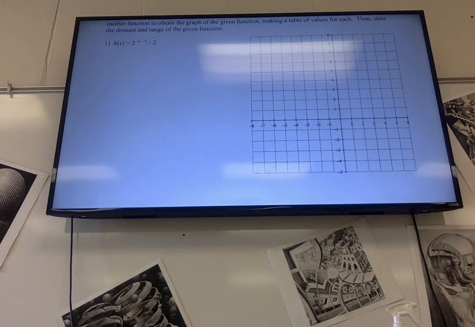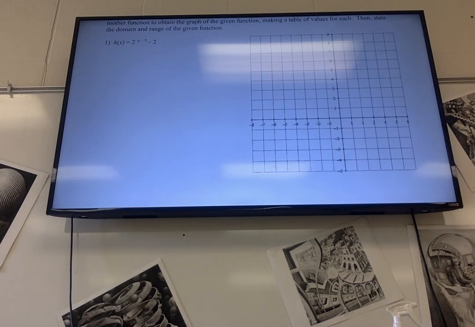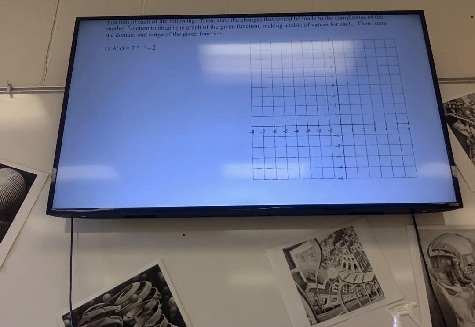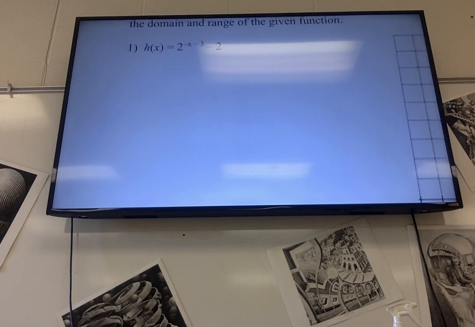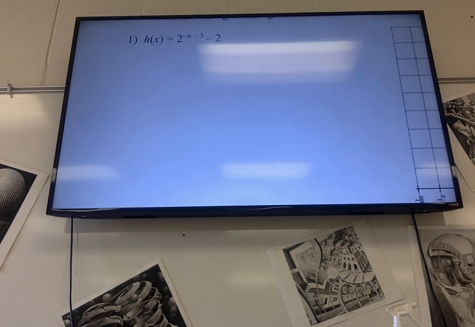Okay, so first off, do we have any reflections? Yes, and how do you know? What gives it a reflection? It's the negative on the x. Right there, that little negative. That means that there's a reflection.